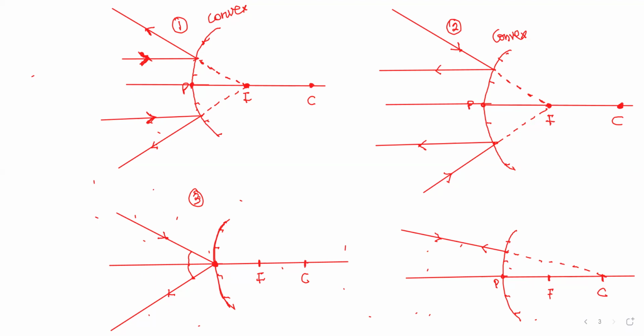All right, so these are the rules of the game. Okay, so we are going to use these rules to draw an image or form an image for concave and convex. And when we finish, we will describe the nature of the image formed.